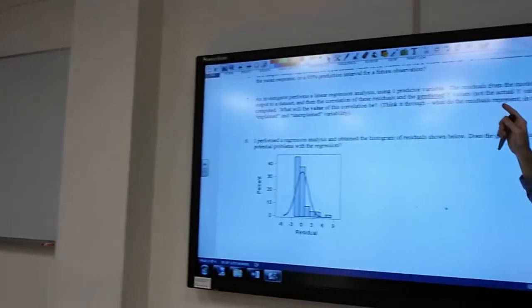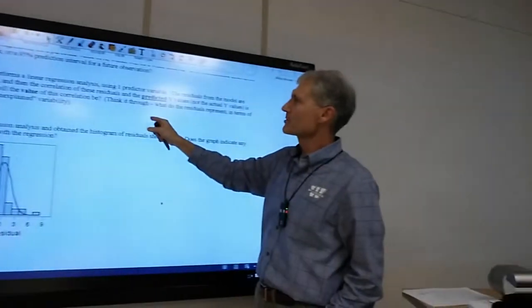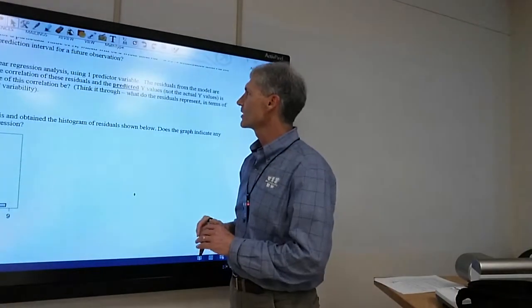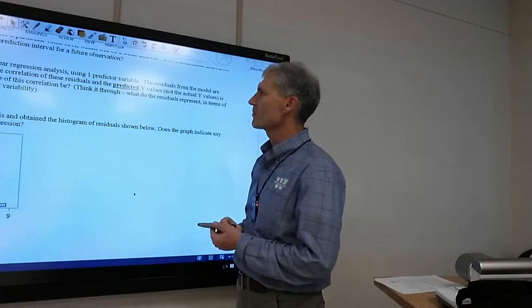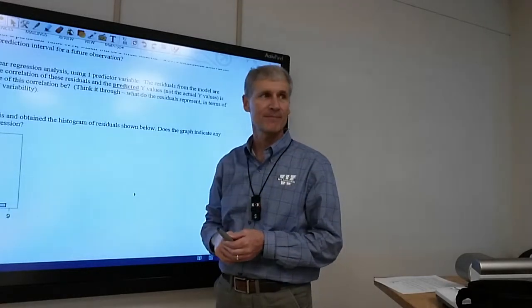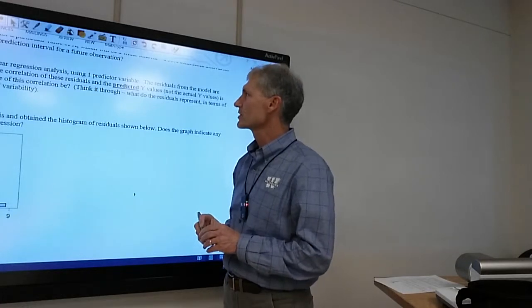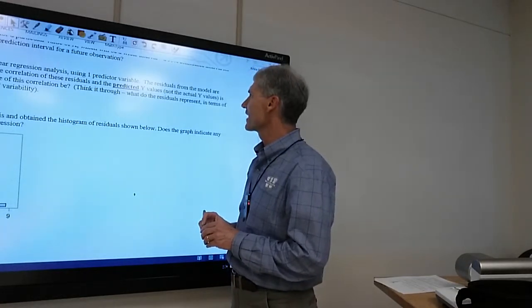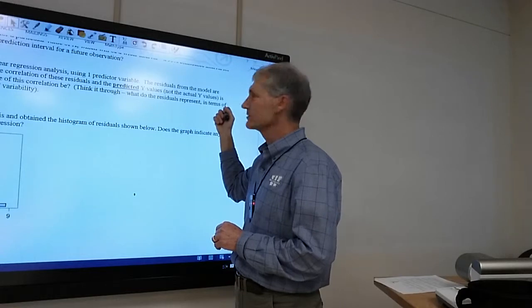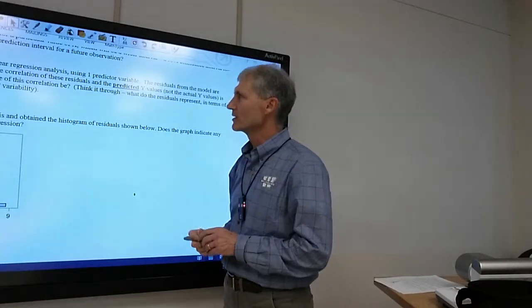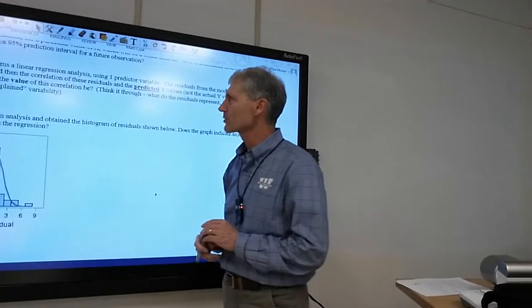Okay. An investigator performs a linear regression analysis using one predictive variable. The residuals from the model are output to a data set, right? Then the correlation of these residuals and the predicted Y values, not the actual Y values, is computed. What will the value of this correlation be?